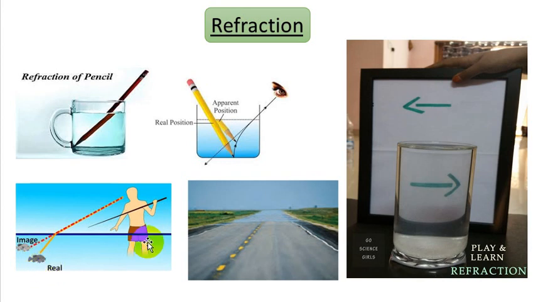In all the examples here, guys, the light wave traveled from the object, for example from the fish or from the pencil, into the water, crossing the glass cup, and finally traveled out of the glass through the air and reached our eyes.